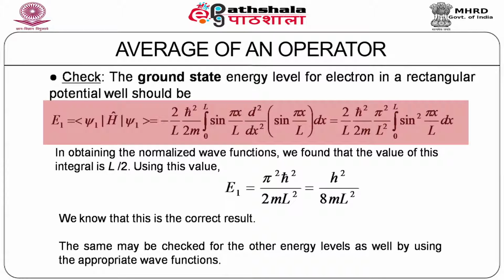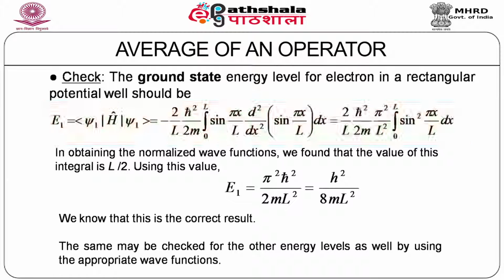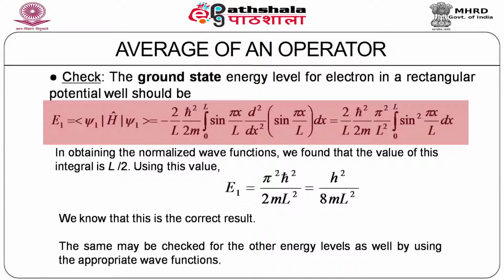So psi 1 is the wave function. You have taken the normalization factors outside, and here you have sine pi x by L, putting n equal to 1. This is psi 1. And then you write the Hamiltonian operator, which is h cross square by 2m, which you take out of the integral. These are constants.